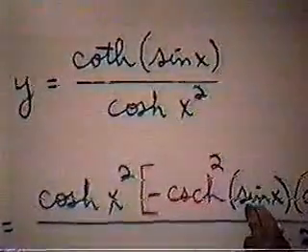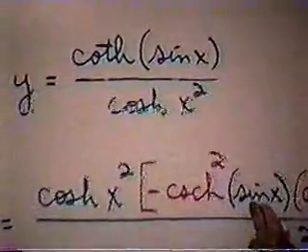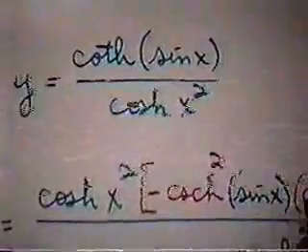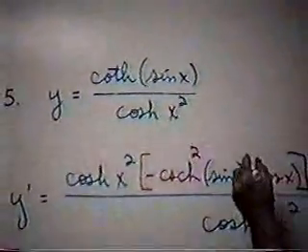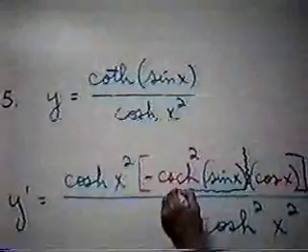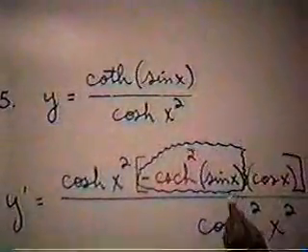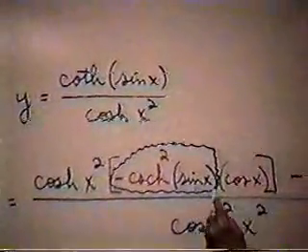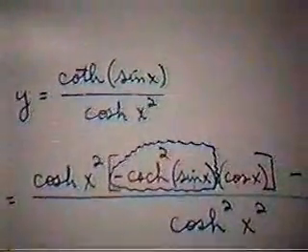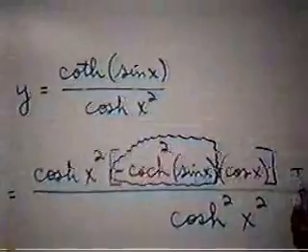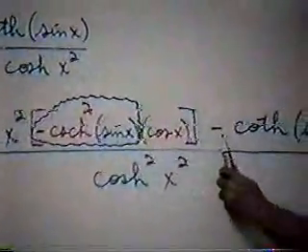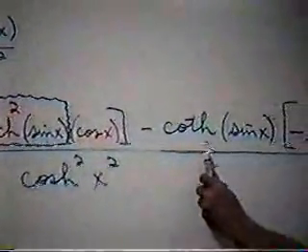This is just the object. Then you take the derivative of the object. The derivative of sine of x is a cosine of x. But again, this is the derivative of the hyperbolic cotangent. Then we take the derivative of the angle, the object here, and that's where that comes from. Then minus. Okay. Now we write the top one down and take the derivative of the bottom one.